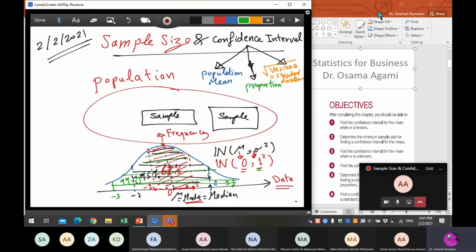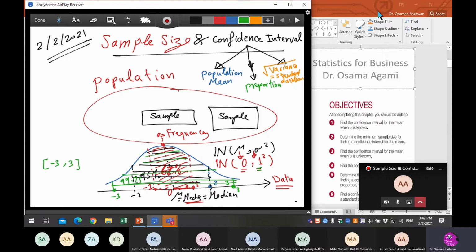So you are confident by 99.75% that your data will lie between 3 times the standard deviation positive and 3 negative, right? So your value will be in this area. This is what we call the confidence interval. You write it like this, -3 to +3.